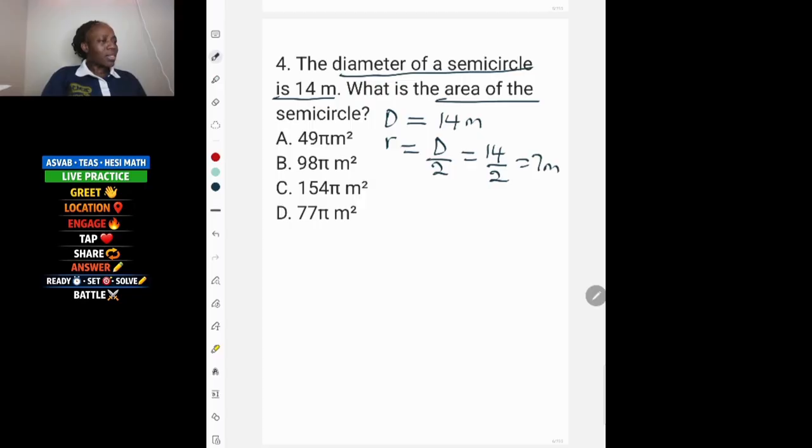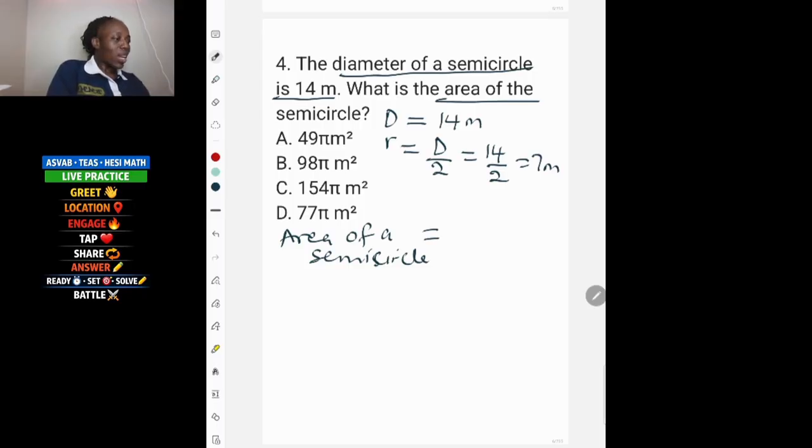Okay, let's go. The next thing is to find the area of a semicircle. That's what the question asks us to find. So from the area of a circle, which is pi r squared, it will now be half of it. So that will be half pi r squared.